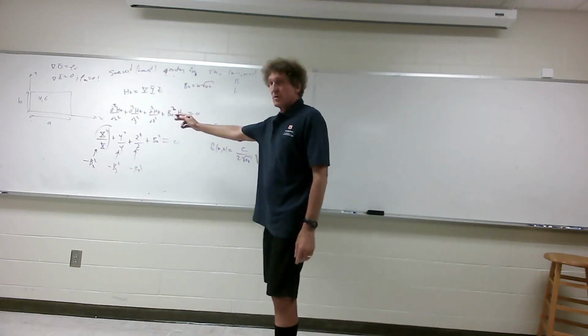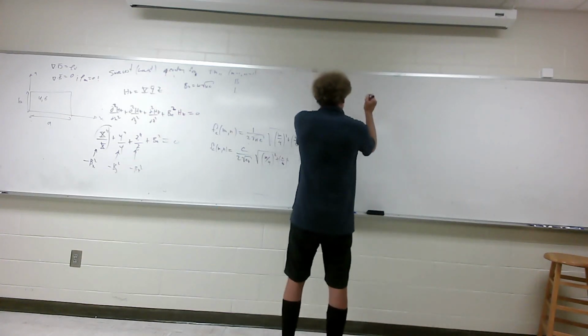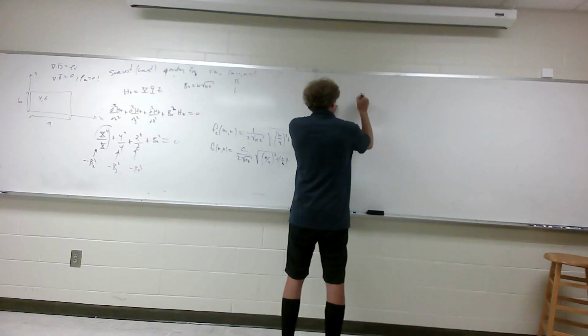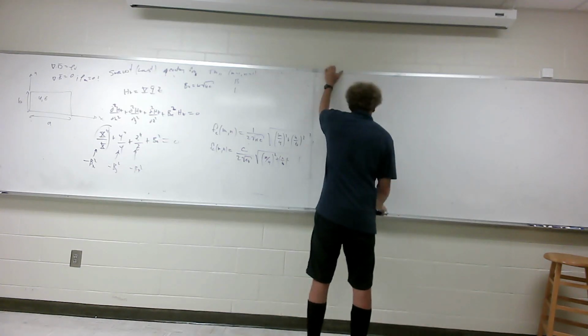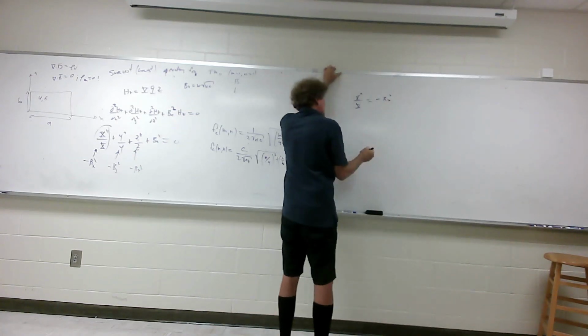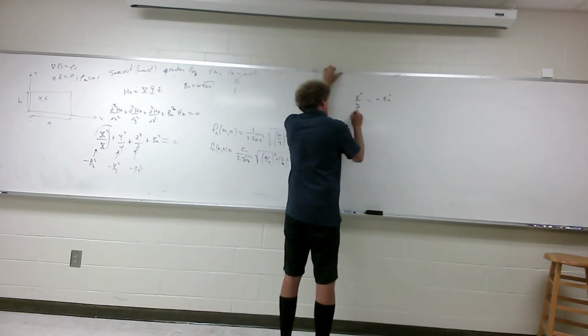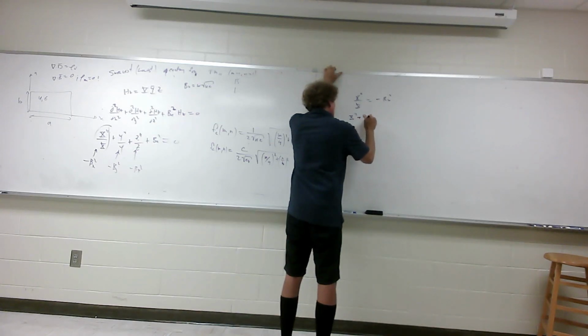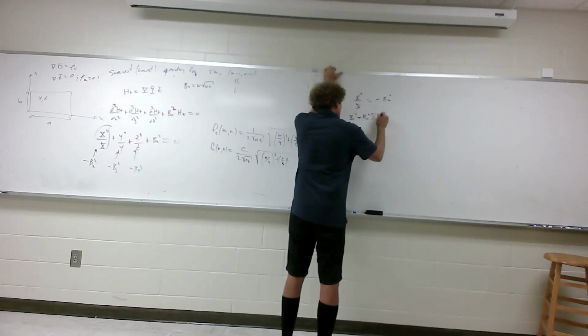When I get down to here, I'm going to use the x double prime one. So x double prime over the functional form of x is equal to minus beta x squared. Here I'm going to take x double prime, and then I'm going to have plus beta x squared times x equals 0.